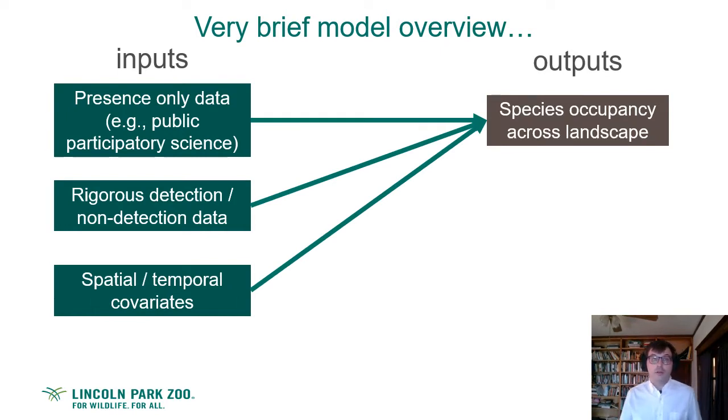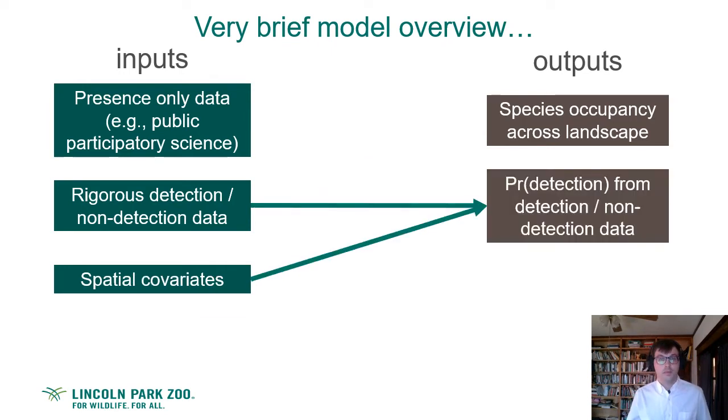Now, all three of these inputs can actually be used to estimate parameters associated with species occupancy across the modeled landscape. In addition, there is a separate level to the model to estimate detection probability from the more rigorously collected detection, non-detection data, like, for example, camera trap data.